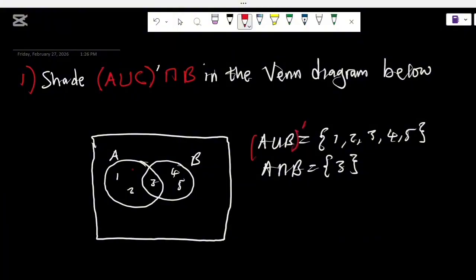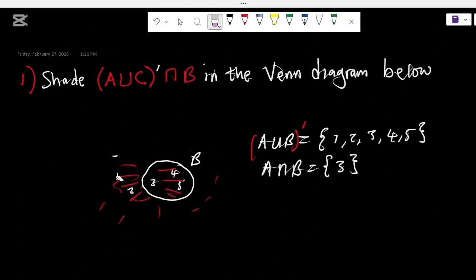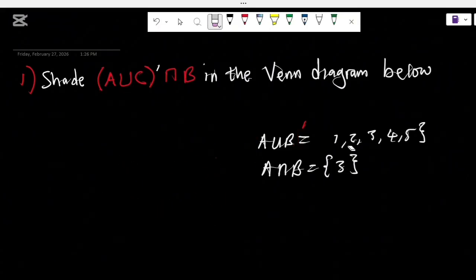A union B complement shows that all these numbers shouldn't be shaded. So you have to shade the outside, right? If it is A intersection B complement, then you don't need to shade the intersection part, only shade these parts. But I think it will become clear as we try to deal with the math problem that we're having. So let's look at the problem that we're having.